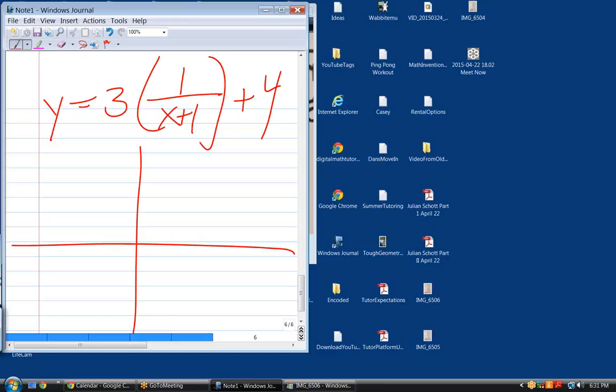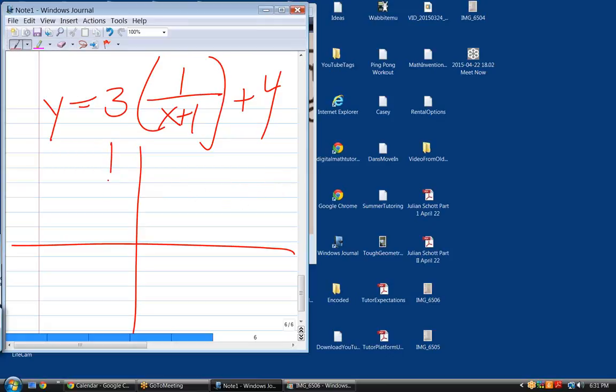You can look up 10 commandments of math and you'll get 10 different answers, but every one will have number 1 as you cannot divide by 0. So what value of x would cause us to divide by 0? What makes this 0? -1. Okay. That's the vertical asymptote.